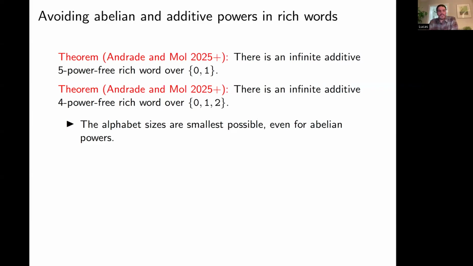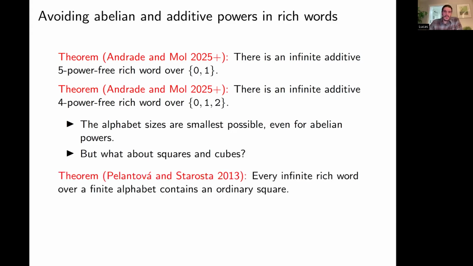And so we described the smallest possible alphabets over which you can avoid 5 powers and 4 powers. So what about squares and cubes?